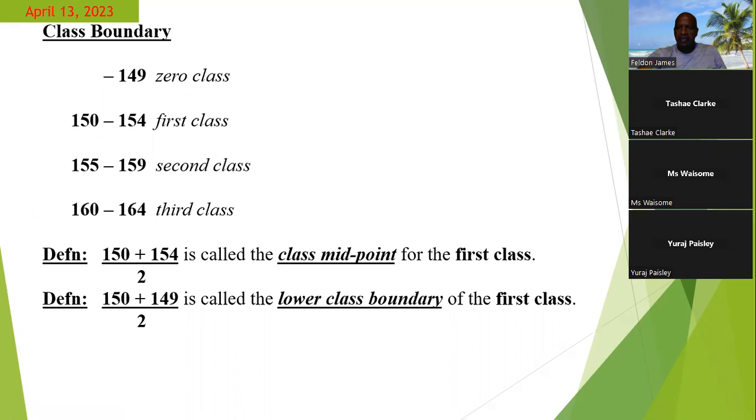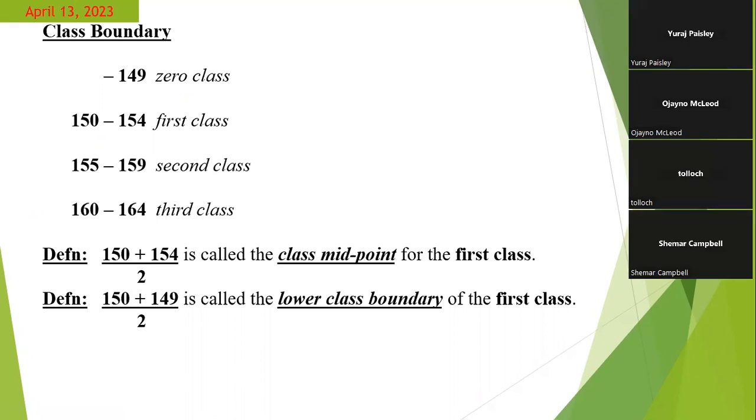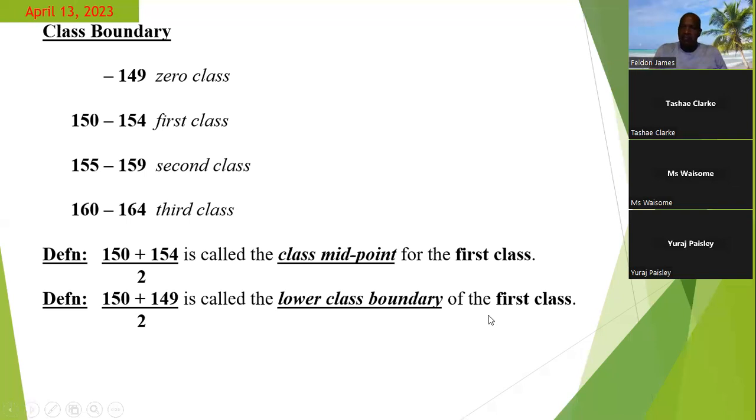All you do, you're adding the same 2 in all cases. 234.5, sir. I don't understand. Which number are you adding it to? What's the value of the second class? The limits of the second class, you have 155 and 159.